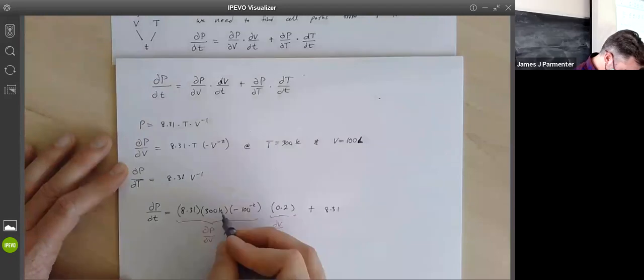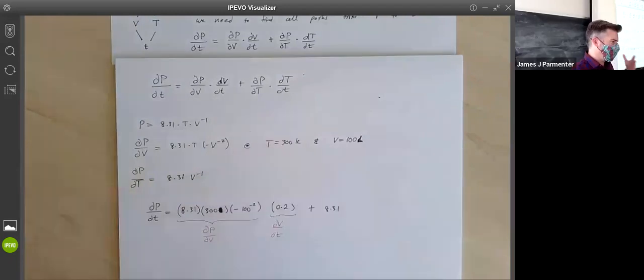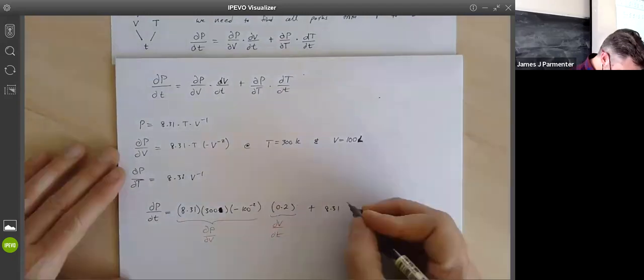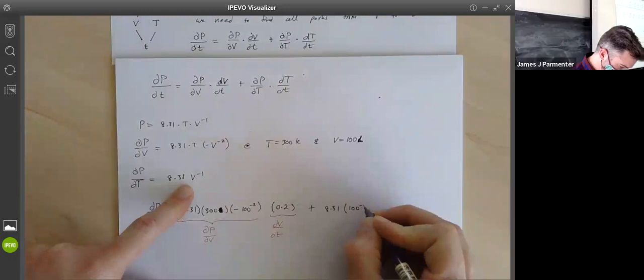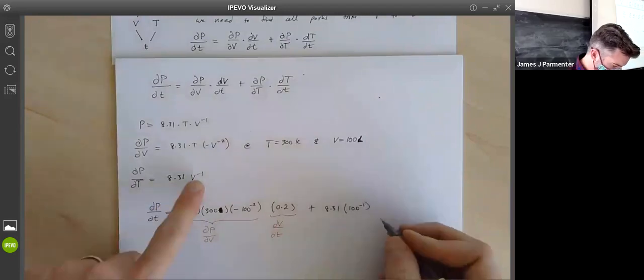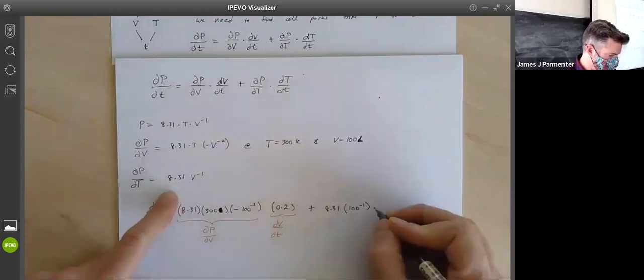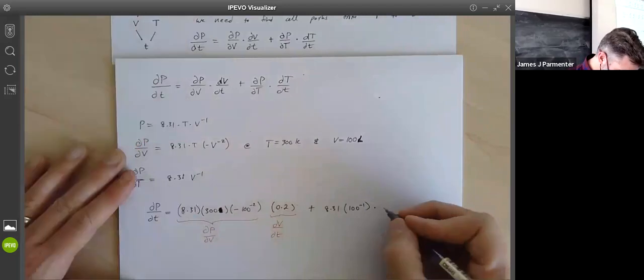I didn't really mean to include the units there, but I did. Sorry. I don't like to write the units until the end, right? Writing them in the middle of the problem is just a recipe for disaster. Then we're going to have times 100 to the negative first. And then we're going to multiply by dT dt. And the way the temperature was changing was at 0.1 kelvins per second.